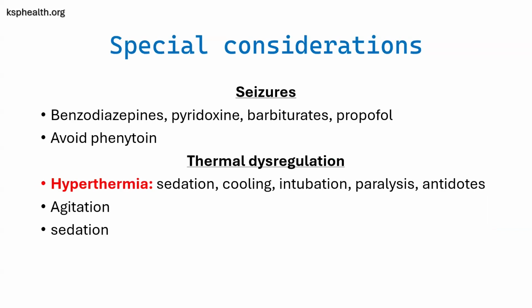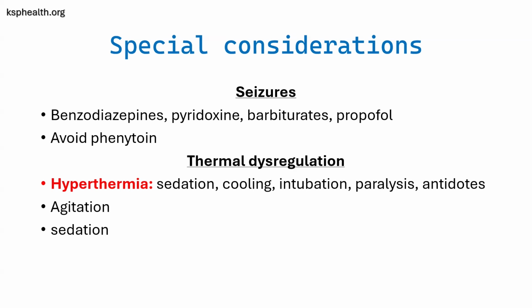Special considerations, especially when the patient presents with seizures: treat with benzodiazepines, pyridoxine in isoniazid toxicity, barbiturates, and propofol. In xenobiotic-related seizures, phenytoin need not be given. In any other seizure, usually give benzodiazepines followed by second-line anti-seizure medications like Keppra, phenytoin, and valproate.